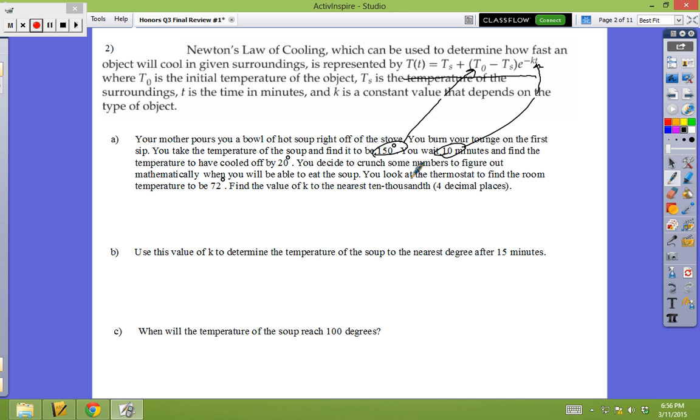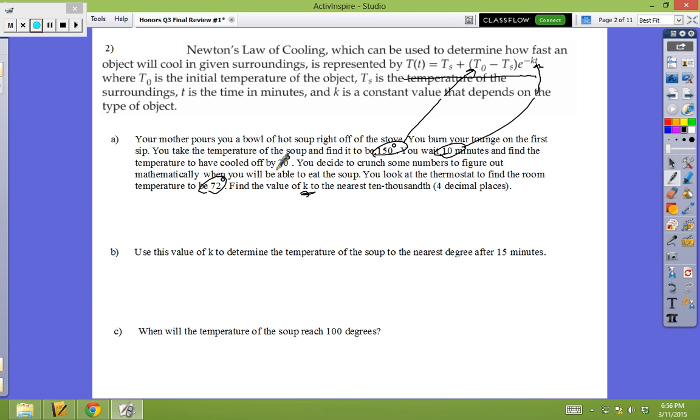Now you decide to crunch some numbers to figure out mathematically when you're going to be able to eat the soup. You look at the thermostat to find the room temperature to be 72. Okay, we've got to find K. So, here we go. We started off with the soup being 150, so that's my initial temperature. This formula gives you the temperature of the soup based on how many minutes have passed by.